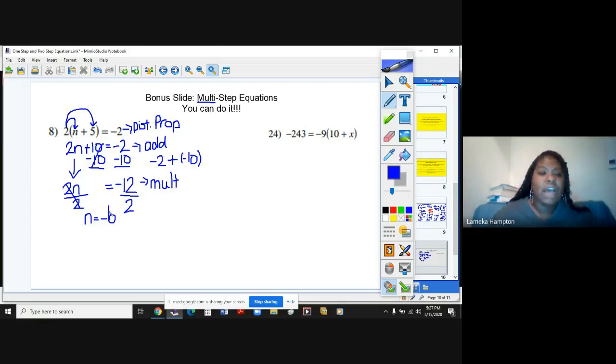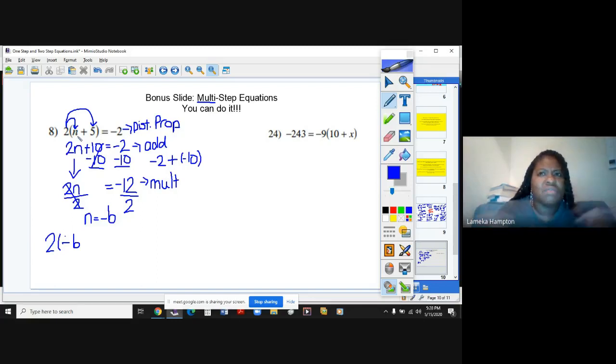Now, I am going to check my answer to make sure that my answer is in fact -6. So what I'm going to do is this. I'm going to say 2, and that is going to be with -6 in parentheses, because remember, I'm substituting my number -6 for the letter n.